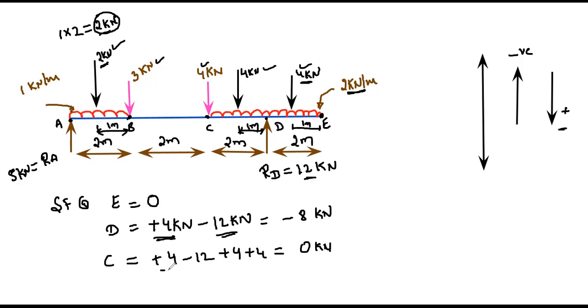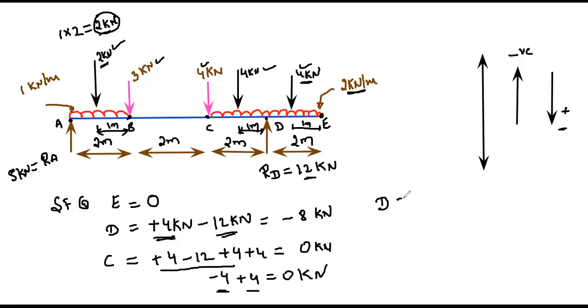So from here to here, plus 4, plus 4, minus 12, plus 4. These point loads and UDL give you the result. This will give you minus 4, and this 4 is the separate point, so it will give 0 kilonewton. You should know this, minus 4 plus 4. You will understand this while we are drawing the shear force diagram.